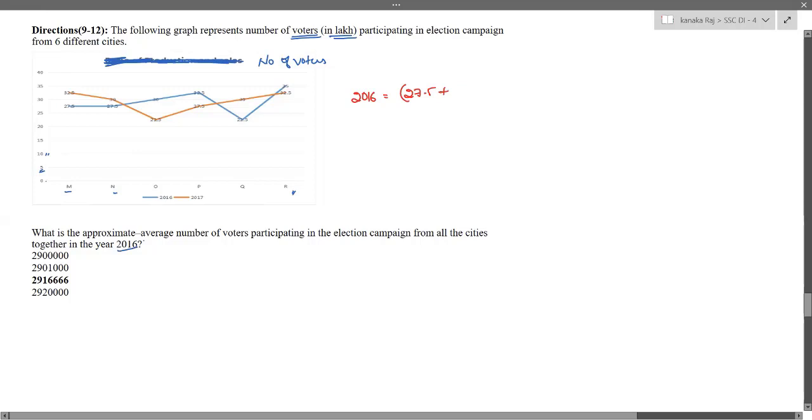It is the same in the city N as well. It is 27.5 once again. What about city O? For 2016, it is 30. I made a mistake here. I apologize for that. It is 30 and not 22.5.